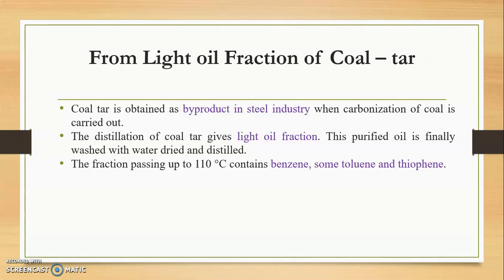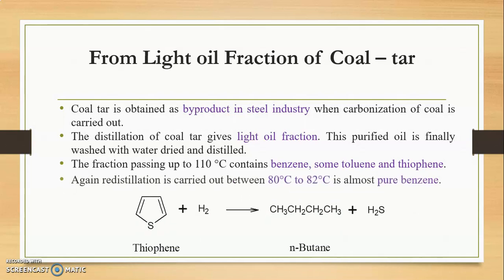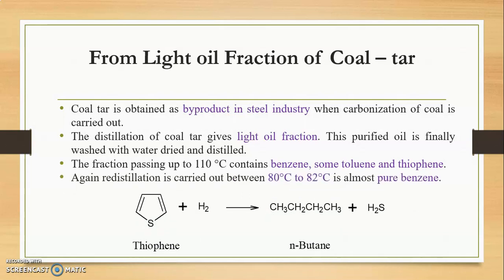So by using certain treatments, the thiophene is removed because it is present as impurities, and then redistillation of this mixture is carried out between 80 to 82 degrees Celsius to get the pure benzene.